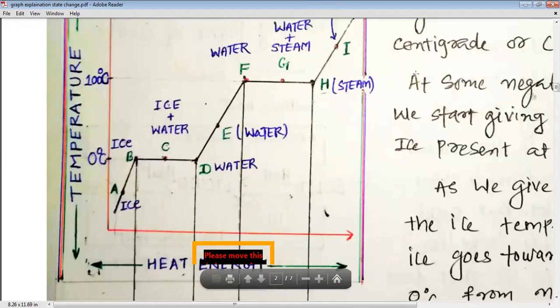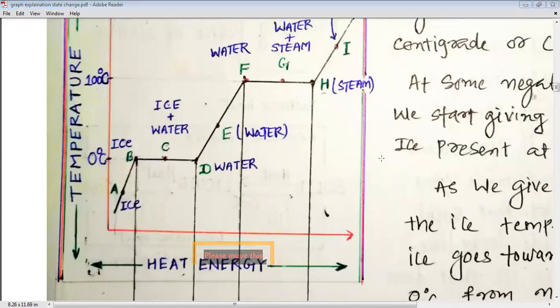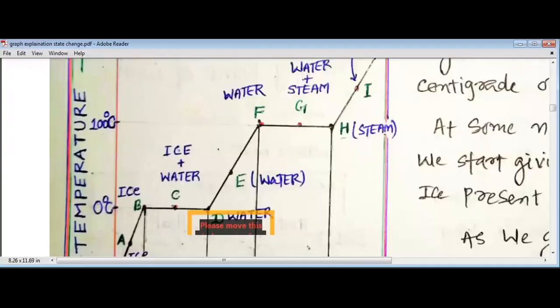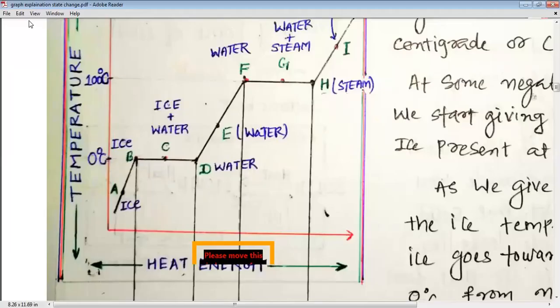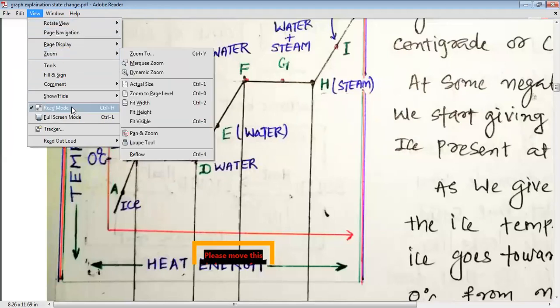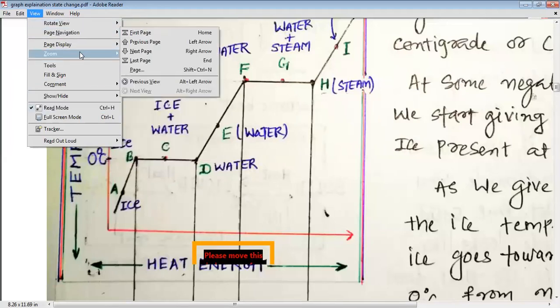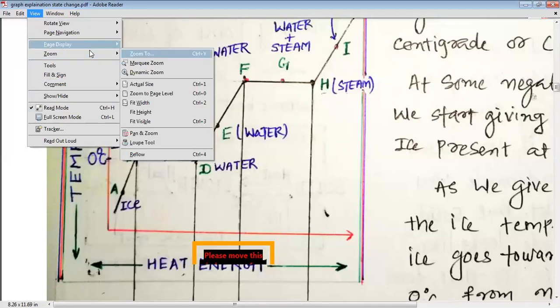Now, my dear students, we want to study this graph in detail. Yesterday we started studying this graph in detail. Let us revise it and then we will study further about this graph. If we really want to look at the graph, we can say that we have studied it by the heat energy.